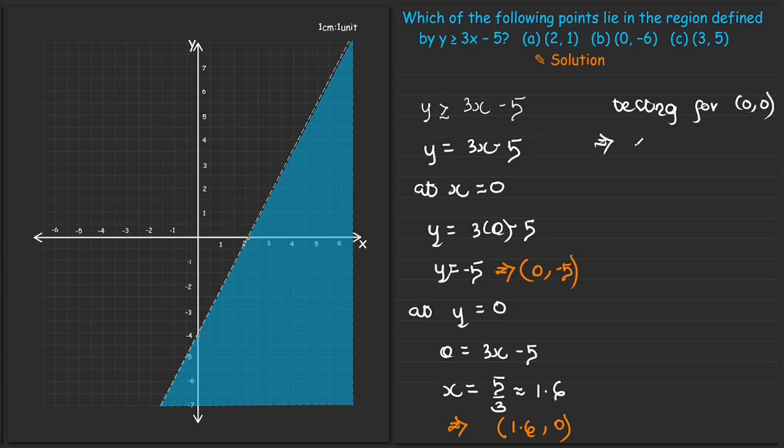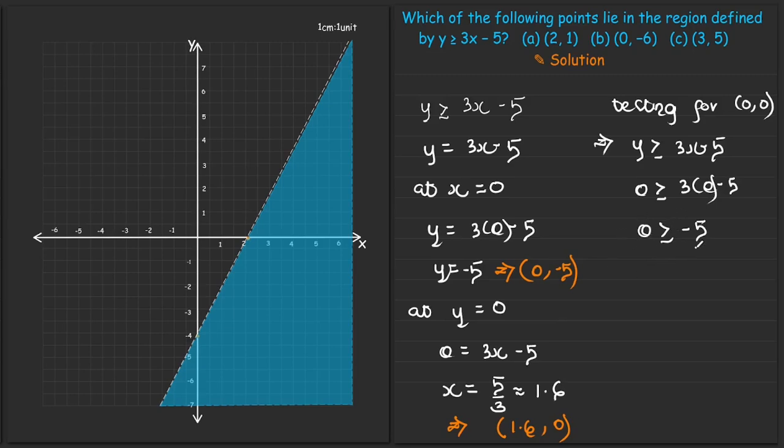We have y greater than or equal to 3x minus 5, so 0 is greater than or equal to 3 into bracket 0 minus 5, which gives us negative 5. 0 is greater than or equal to negative 5. Remember, 0 is greater than all the negative numbers. So this tells us our origin, (0, 0), is within the feasible region.